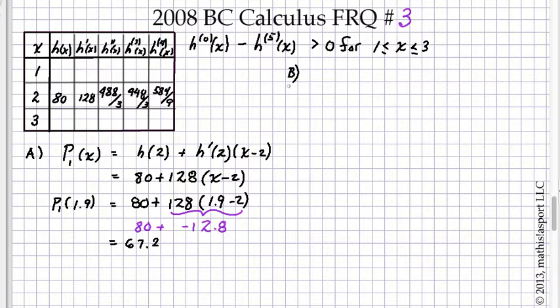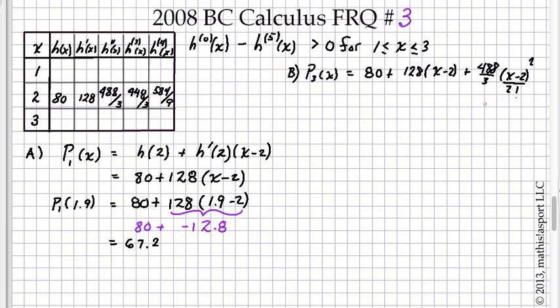And we're repeating the exercise from part A. So we will write that P3 of x is equal to 80 plus h prime at 2, which is given as 128, times x minus 2, plus the second derivative, namely 488 over 3, times x minus 2 to the second power, and that over 2 factorial.